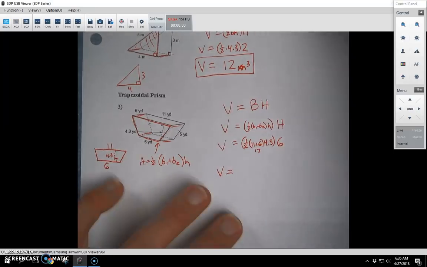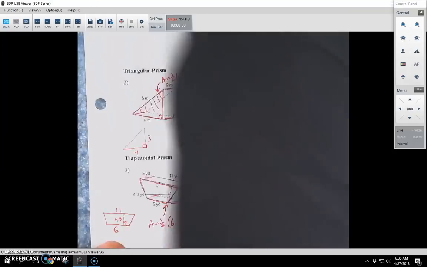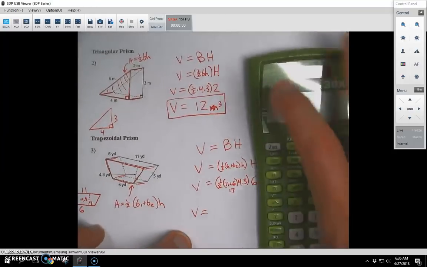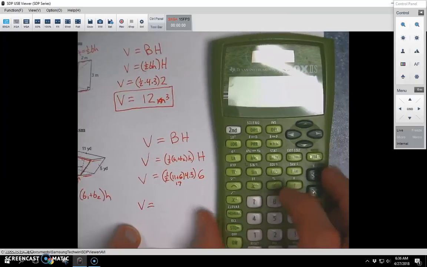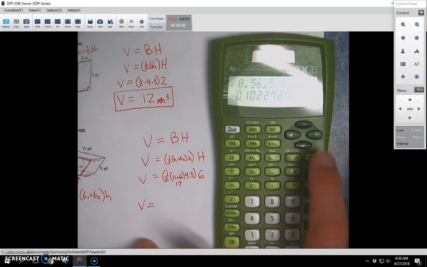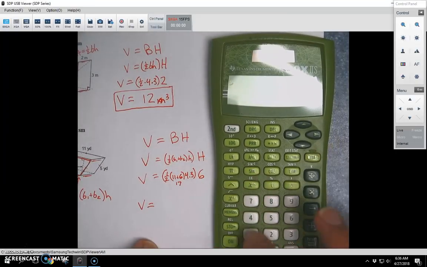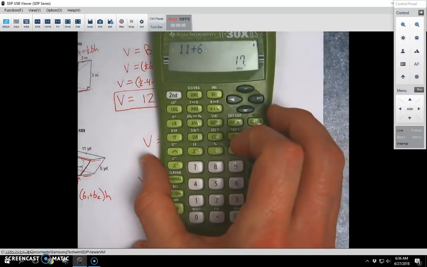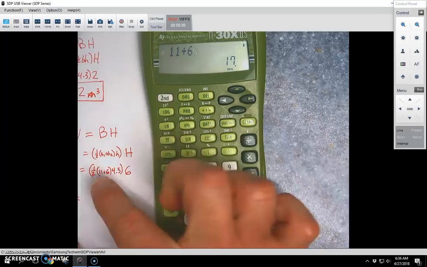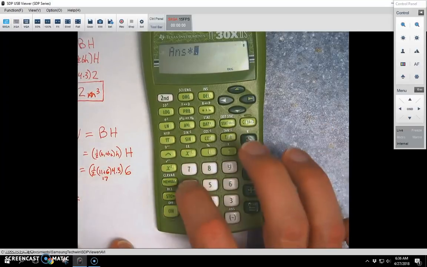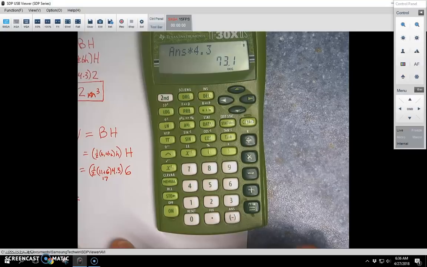So let me run you through with the calculator one time here. To make this easy, I would do 11 plus 6 if I didn't know what it was. Okay, 11 plus 6. And then I'm going to times by 4.3. Hit equals.